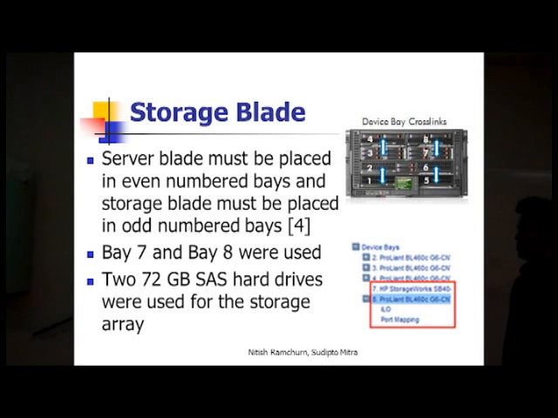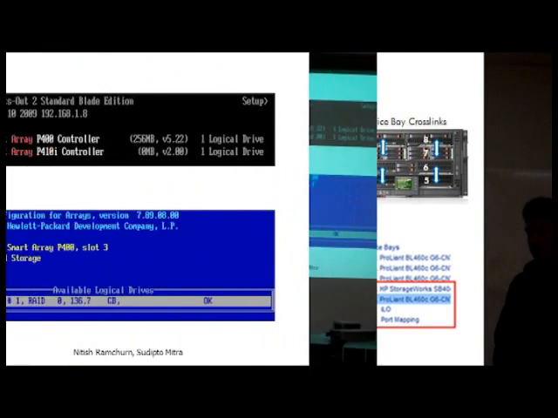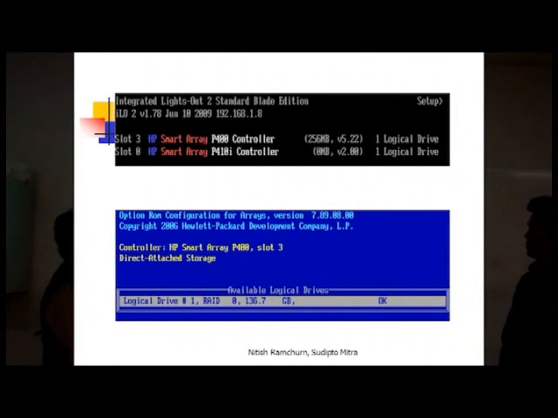When the blade was accessed from the management console, we could see that 7 and 8 were mapped, as specified here. When we started the storage blade, we could actually see the hard drives we were using. We were using 2 hard drives for the storage array, and we made them into one logical drive, as you see here.